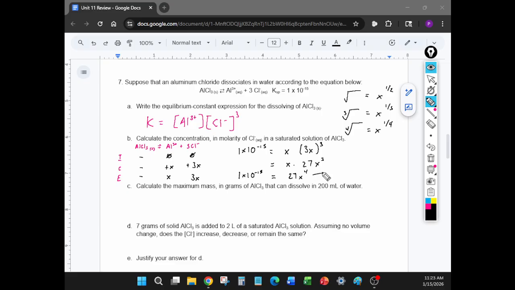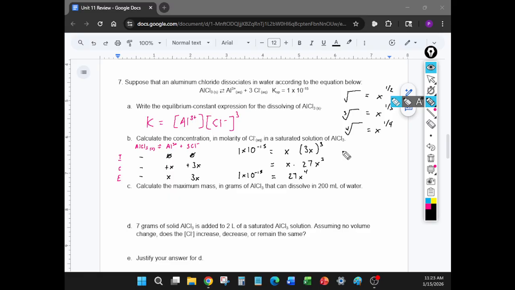So if we're simplifying this, on my calculator, I put in 1 times 10 to the negative 15, and then to the power of 0.25, and that's going to equal, wait, I just tripped out. I'm sorry. I divided by 27 first. My bad. That's easier. So you're going to divide by 27 to isolate x.